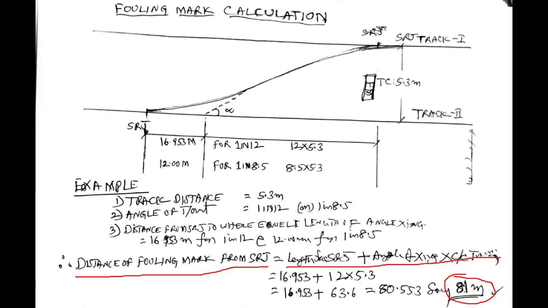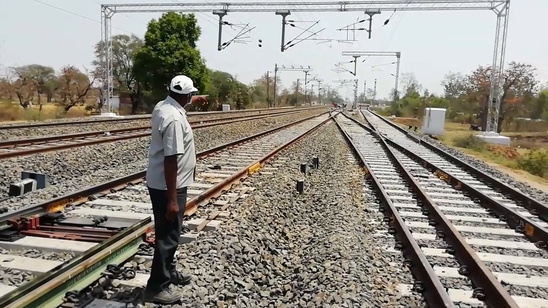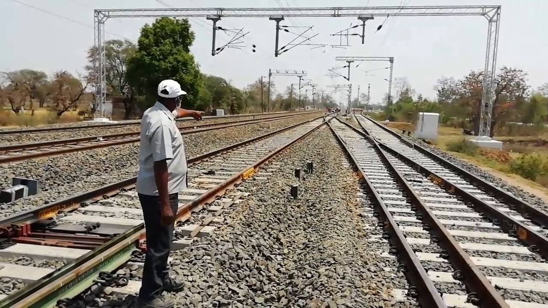For example, for 1 in 12 points and crossing, track center is 5.3 meter, so 17 meter plus 5.3 into 12, that is 8.6 meter, say 81 meter. That means the fouling mark is 81 meters away from SRJ.